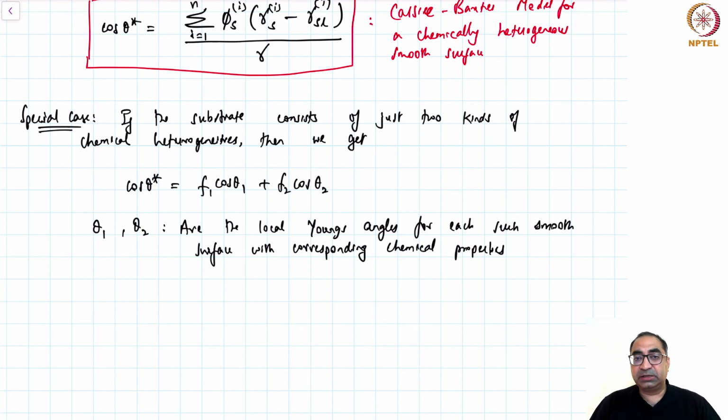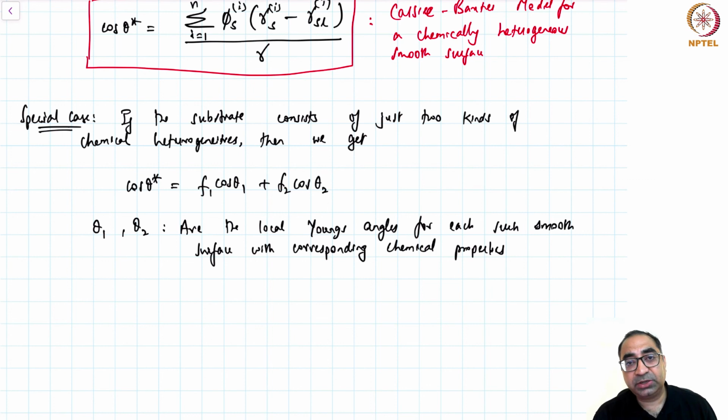This can be done these days using masking techniques. Then you have only two kinds of surfaces. Now you have a surface where the local contact angle is theta 1 and the local contact angle is theta 2.